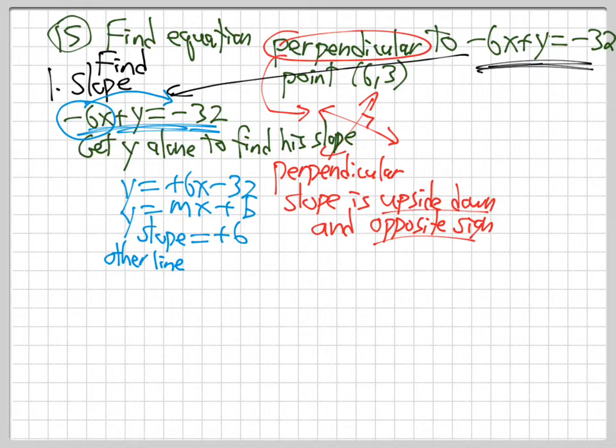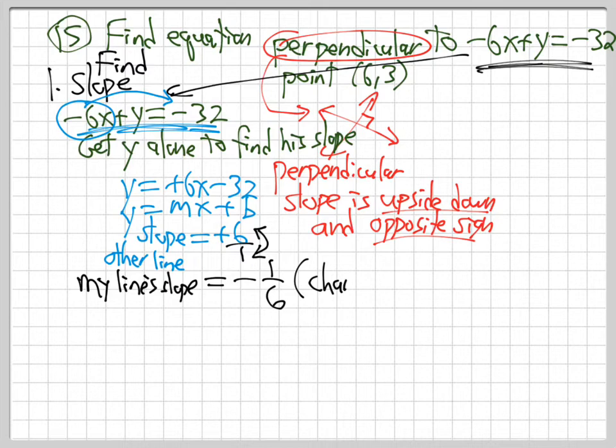Okay, great. So that's the slope of that other line. So what's my slope? My line's slope equals, so this is 6 over 1. You switch the sign and flip it. Right?